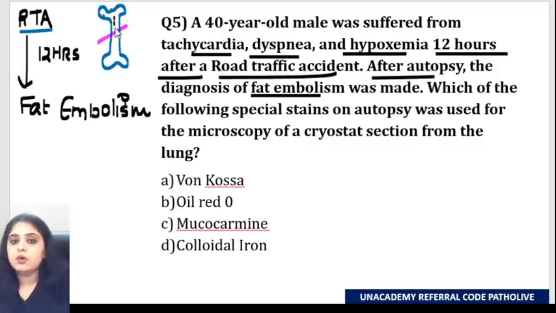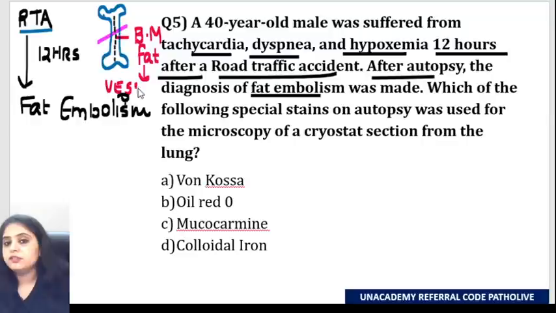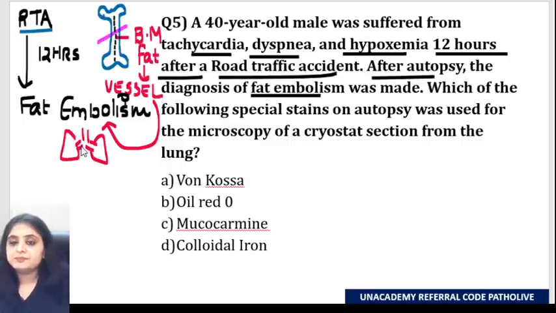Long bones have something inside them known as bone marrow, and probably some fat from that bone marrow has come into the vessels. Because the bone has broken, the fat has entered the blood vessels and embolized into the pulmonary circulation, which is why he had that cardiorespiratory discomfort.